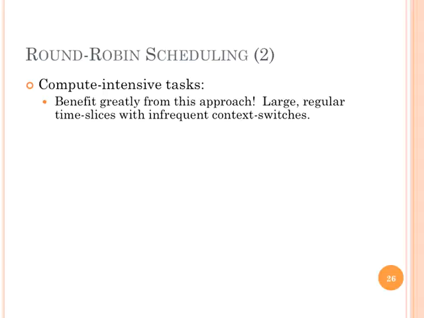Compute-intensive tasks love this scheduler because they never get interrupted by anybody else. Remember, if I'm spending time context switching, I'm spending time not computing. And so compute-intensive processes love this because they get a nice large chunk of time where they are guaranteed the processor. And they can use it until their time slice is up and they get preempted.